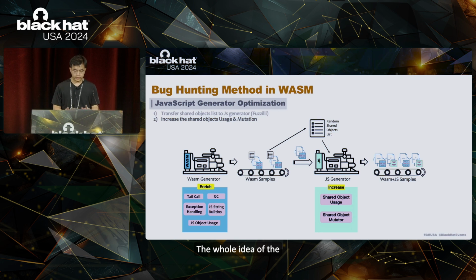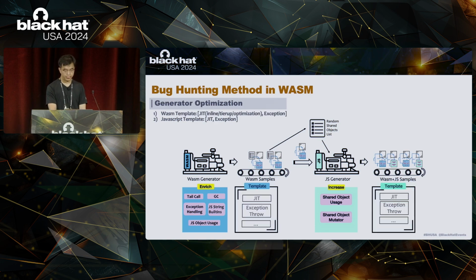The overall idea of the mutation is to replace the object originally generated in the Fuzzilli program with the shared object we just introduced. This includes the equivalent replacement of import and export functions for original functions, as well as object replacement.